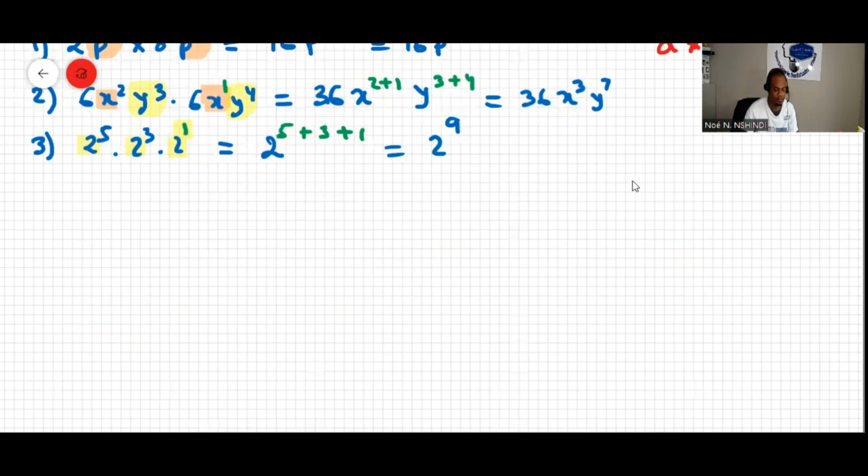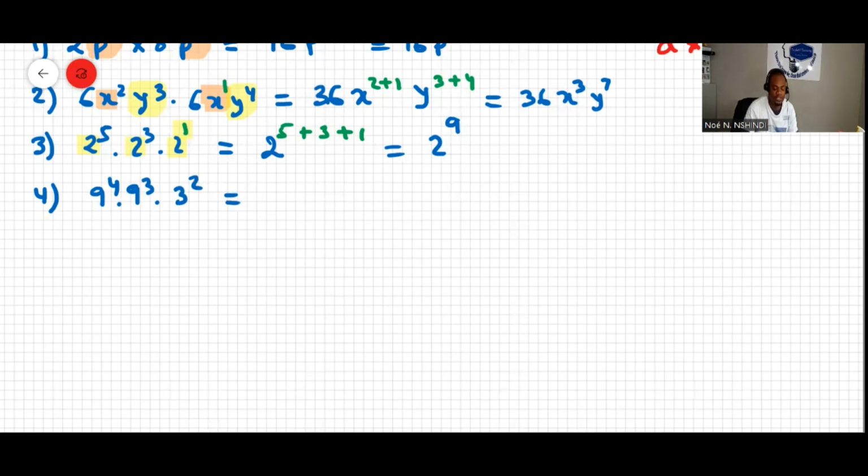Okay, and then question 4. We have 9 to the 4 multiplied by 9 to the 3 multiplied by 3 multiplied by 3 to the power of 2.